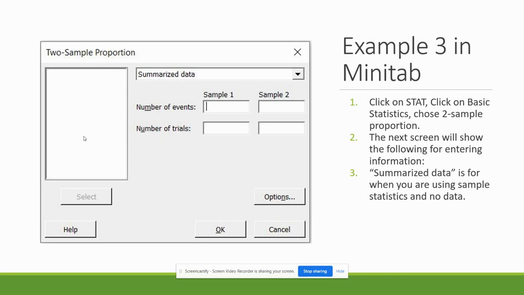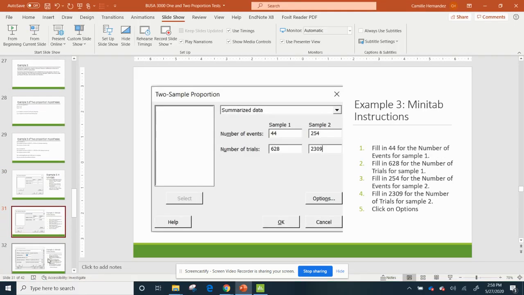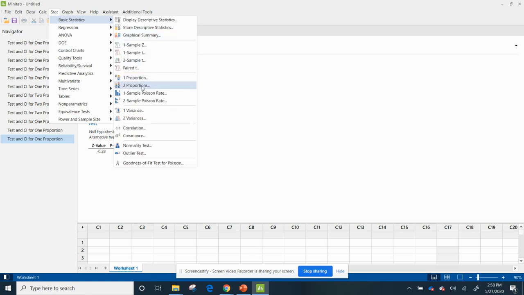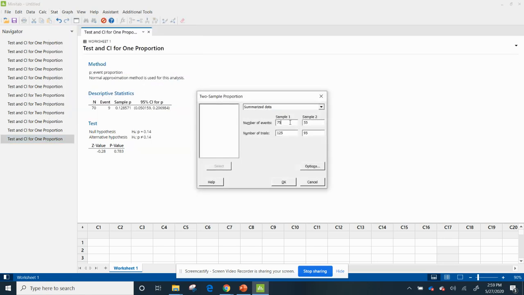All right, so let's show how to do this in Minitab. And again, if you get confused, you have everything you need here on how to figure it out. I'm going to go Stats, Basic Statistics, Two Proportion Test. All right, summarize data. So for my first one, I said 44 out of 628.